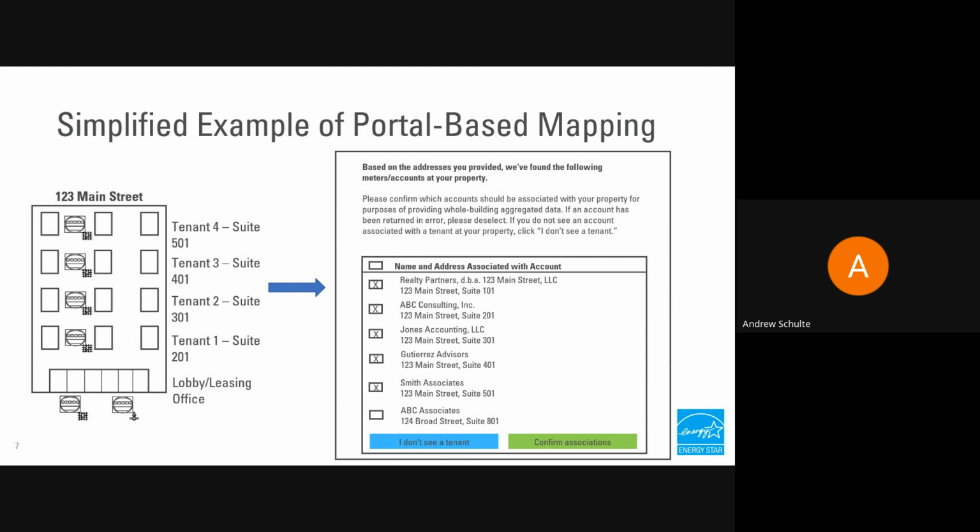So in this case, again, an idealized example, the utility system has returned 5 different suite addresses located at 123 Main Street, and the building owner comes in here and checks them and says, yes, those are tenants at my property.